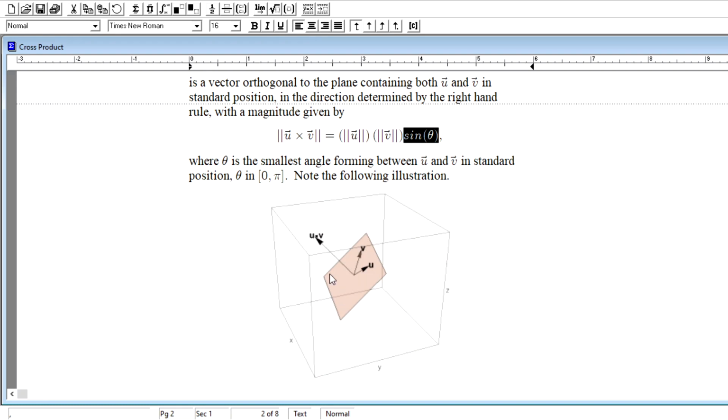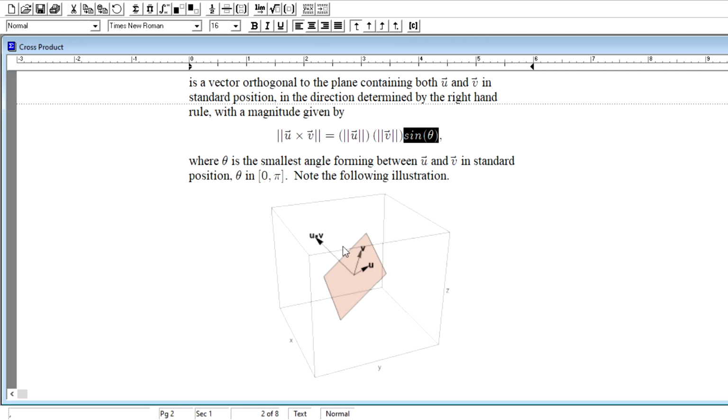If we were to illustrate this in three-dimensional space, this would be our illustration here, where this is highlighting in this space vector u and vector v, where you will take note for any two vectors that happen to fall in standard position, sharing their tails at the origin of the system, or what we might say just really is at some common location, those two vectors u and v will always fall in some plane in that space, and that's what we see happening here.